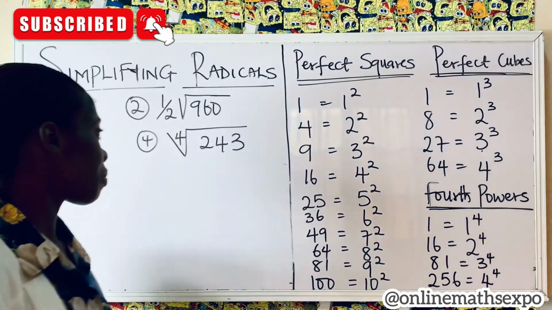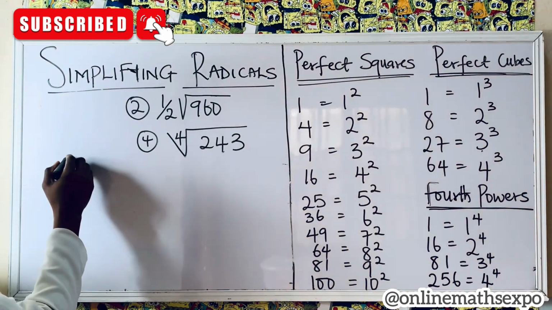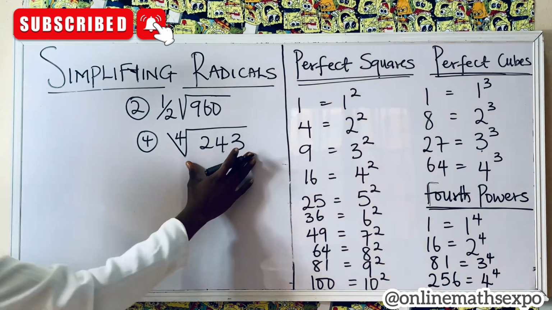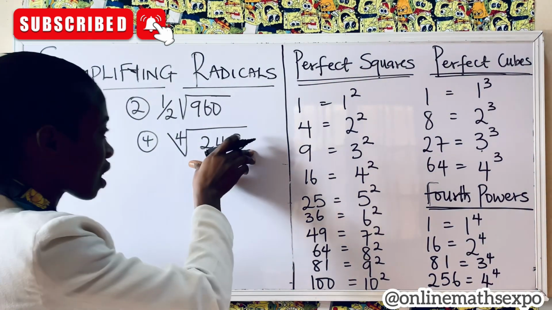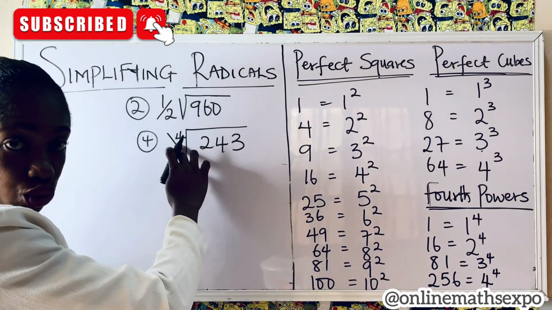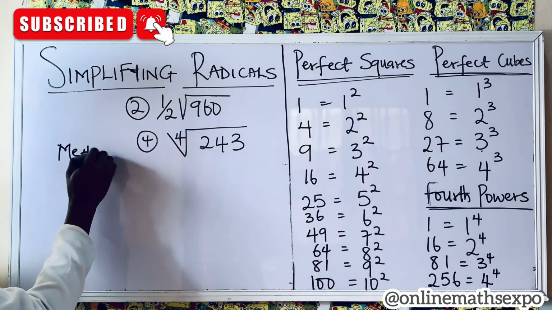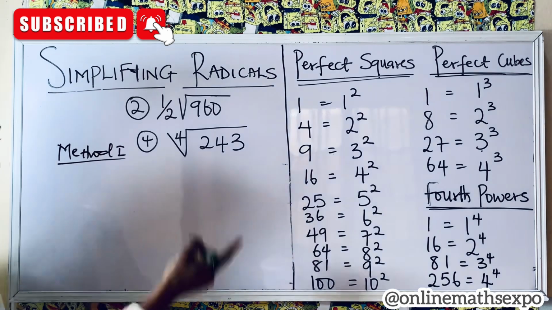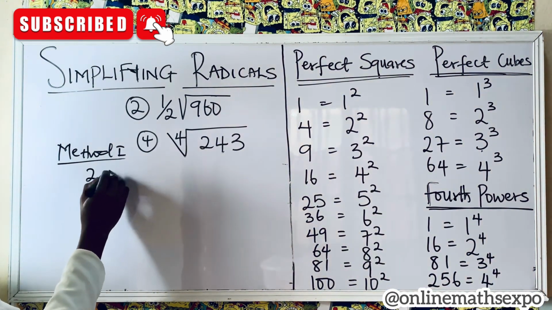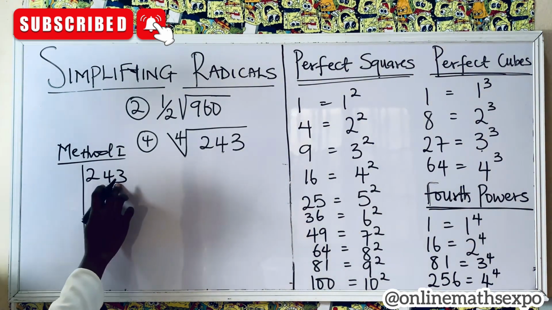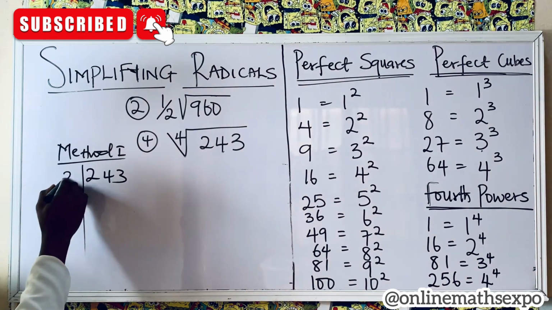The last example, what we have there is the 4th root of this. So I'm still going to show you 2 ways, since it is 4th root. The first method, which is our prime factorization method, we have 243. The last digit is 3, so 3 can still divide that.